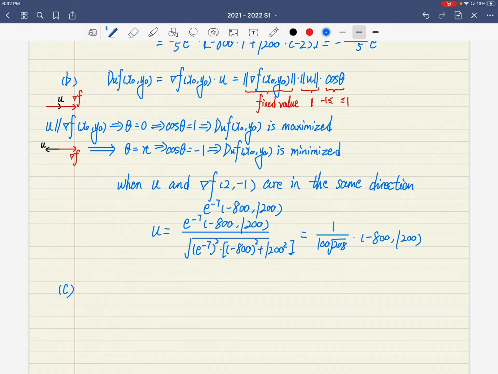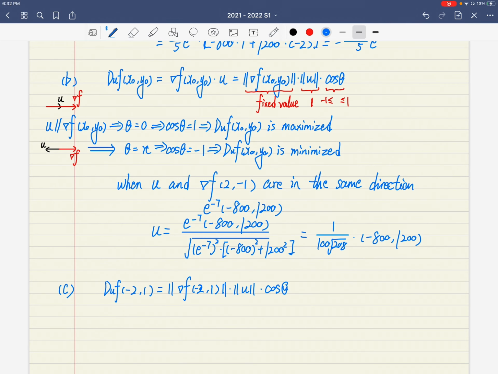Then part C, what is the maximum rate? Now they are in the same direction, so we can write it down. It's the directional derivative at (-2, 1), so it's the length of the gradient vector at (-2, 1) times the length of the unit vector times cosine theta.